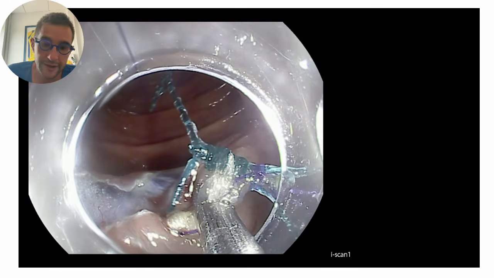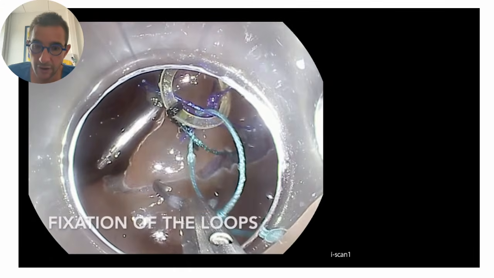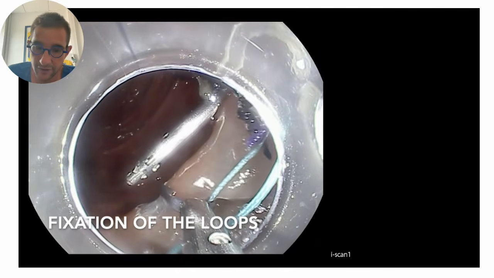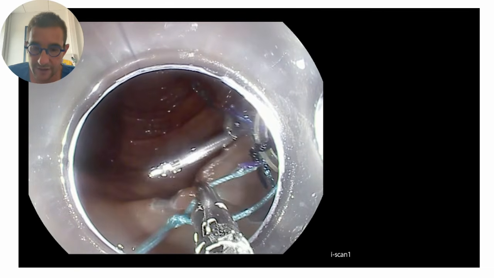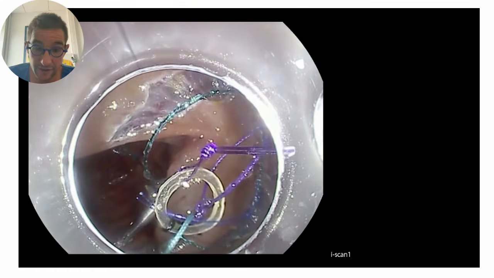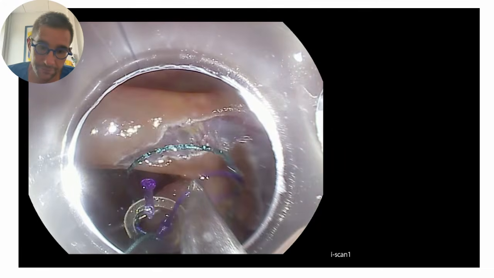Then we could begin after the initial resection. So once again, beginning by a normal submucosa is easier because you can find the blue layer and find the good depth. If you begin from a fibrotic area, it's sometimes horrible to find the good layer.